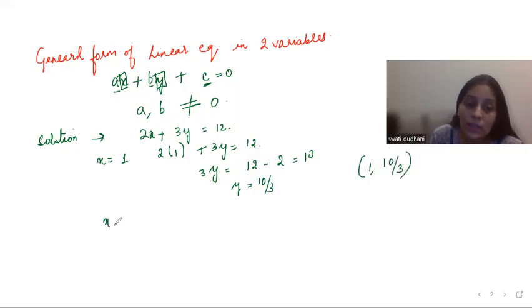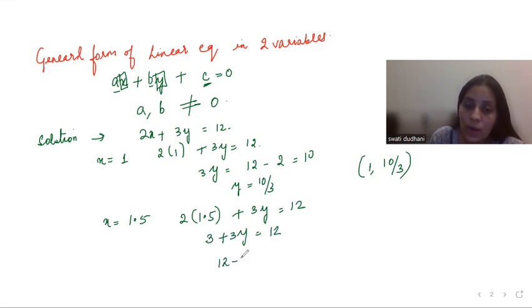Let me take x as, let's say, 2: 2 into 2 is 4, and 12 minus 4 is 8. Now let me take x as 1.5. So 2 into 1.5 plus 3 into y equals 12. So 3 plus 3y equals 12, and 12 minus 3 will be equal to 3y.